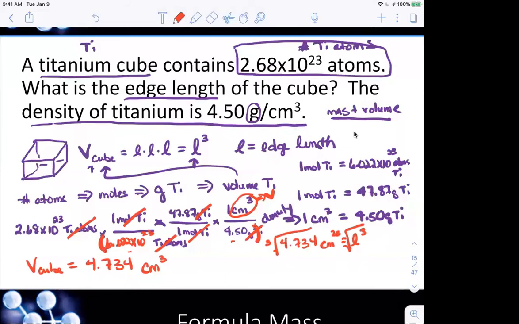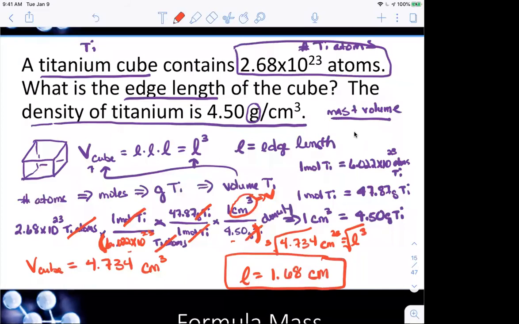Then I put in that number I just got in my cube root, and I get L is equal to 1.68 centimeters, because I'm taking the cube root of centimeters cubed. So that is going to be centimeters. So this is the correct answer to the problem.